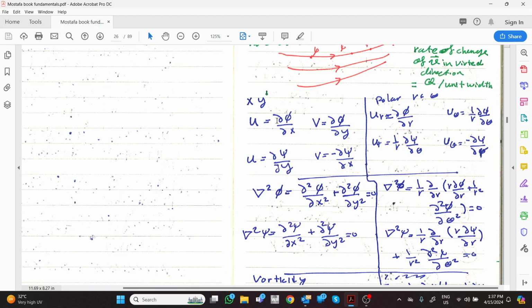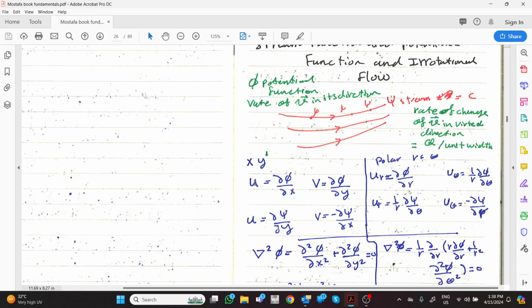So the velocity u equals the potential function derivative del phi by del x, and v is del phi by del y. For the stream function, u is del psi by del y, and v is minus del psi by del x.